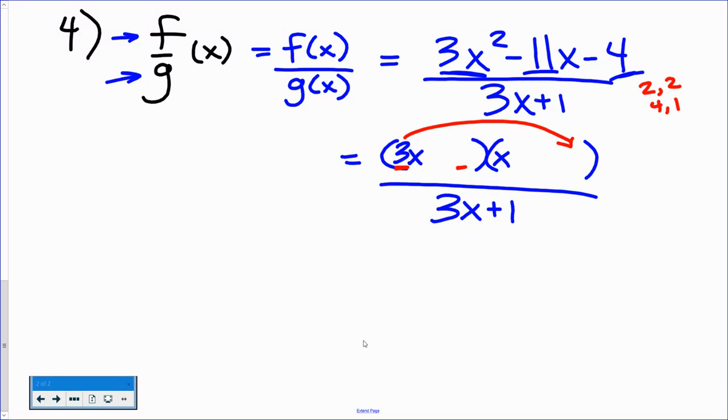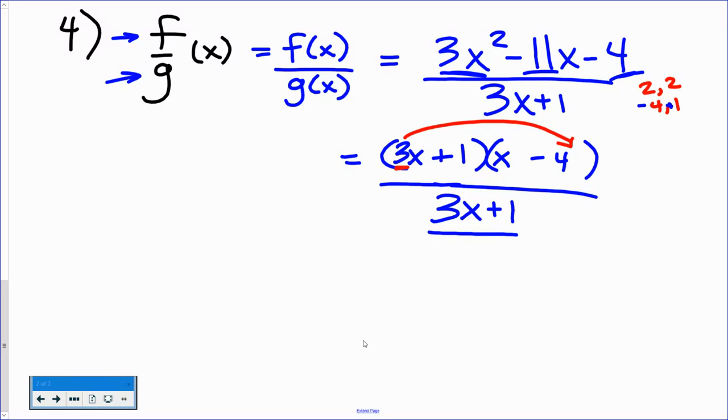Obviously, one of them needs to be negative and one of them needs to be positive. I'm going to do a little bit of cheating, maybe you would call it, because the whole point of being able to simplify this is that if I couldn't simplify it by factoring, I wouldn't need to factor. So I want to be able to get rid of 3x plus 1. So I'm going to go ahead and guess that that's 3x plus 1. And so if I'm using a positive 1, I would have to use a negative 4 to multiply to negative 4.